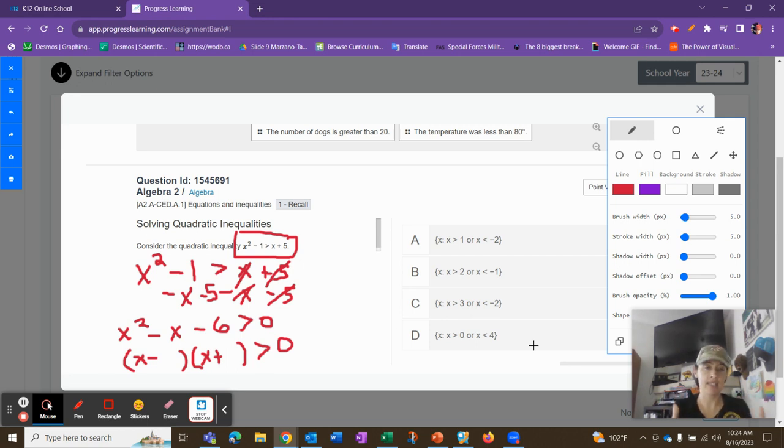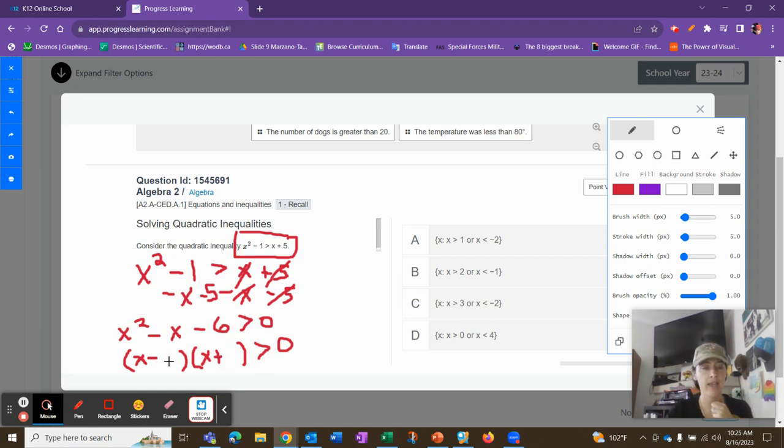Next, we look at the 6, and we need the middle term to add up to negative 1. So the factors of 6 are 1 and 6, and 2 and 3. That's it. We could try, because this is negative, we know the larger number has to be with this negative sign, because when we combine them, we need a more negative number than the positive one.